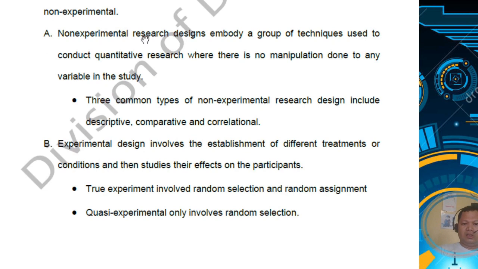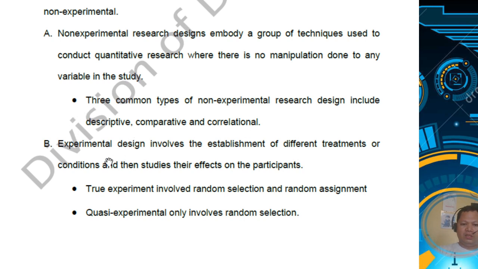Again, non-experimental research design embodies a group of techniques used to conduct quantitative research where there is no manipulation done to any variable in the study. That is non-experimental. Three common types of non-experimental research design include descriptive, comparative, and correlational. Mostly these three types will be used in our research.